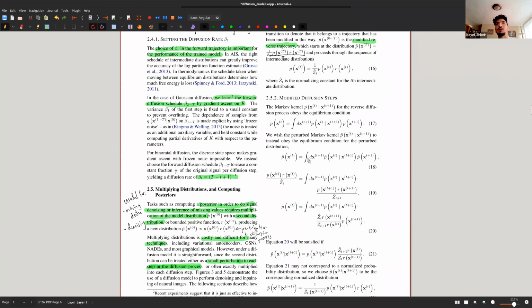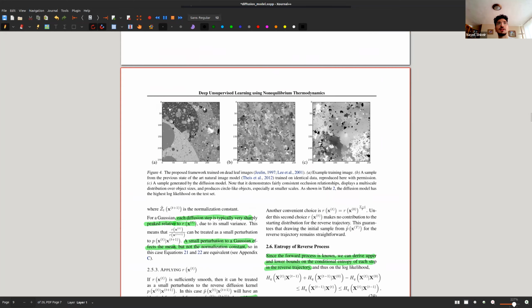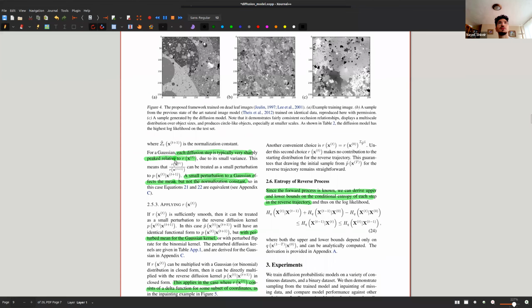This is not too important, I don't think I have time to go through this, but at the end they say that for a Gaussian, each diffusion step is typically a very sharp peak relative to the probability distribution that you're multiplying by. Because of the small variance, you can treat this as a small perturbation. So that's basically the whole idea, right? You have your diffusion process, your reverse process, and you perturb it slightly to do denoising or filling in missing parts of an image.